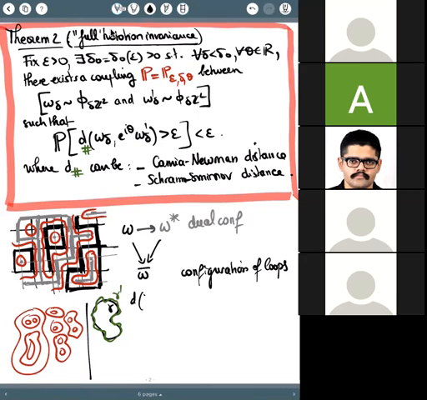The distance between gamma and gamma prime is the infimum, and I'm going to tell you what this infimum is, of the supremum over t in S1, the circle of length 1, of gamma of t minus gamma prime of t.